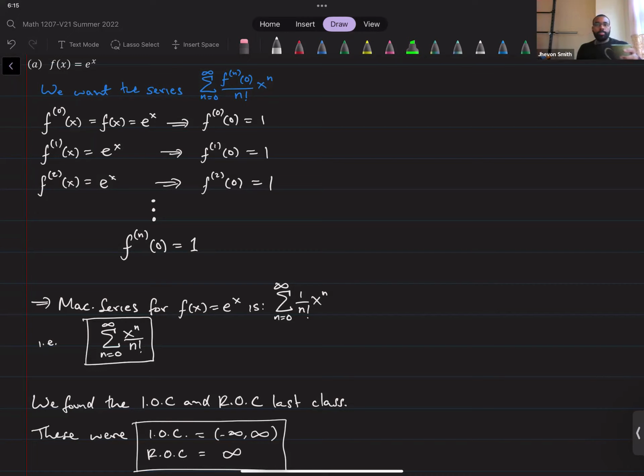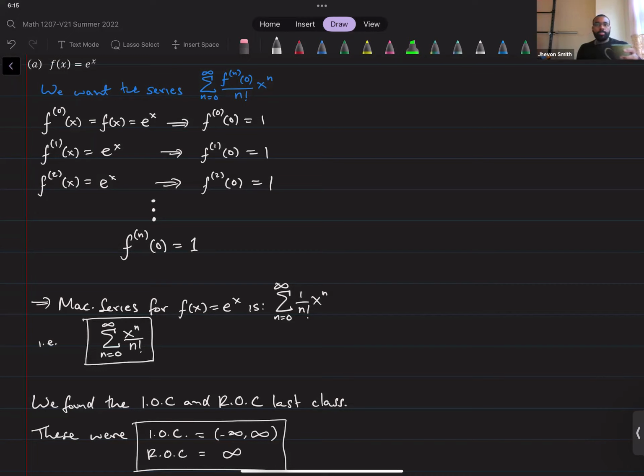We want to figure out a pattern for that, which we can write in terms of some formula that we can plug into this, the blue formula here at the second line.